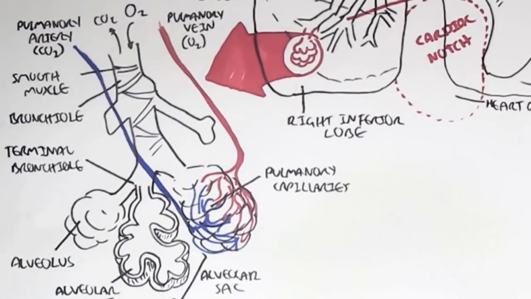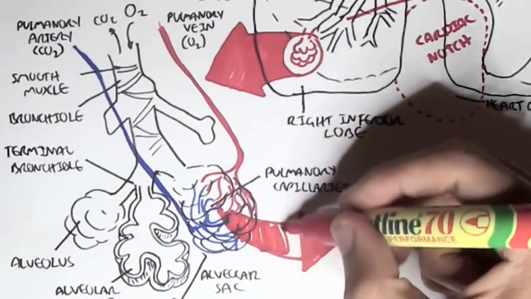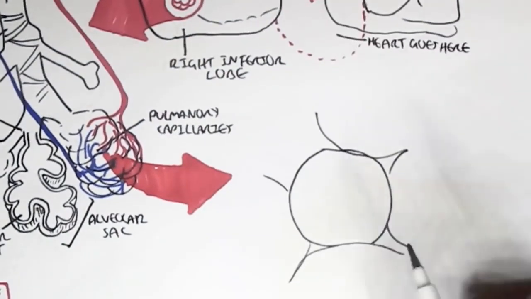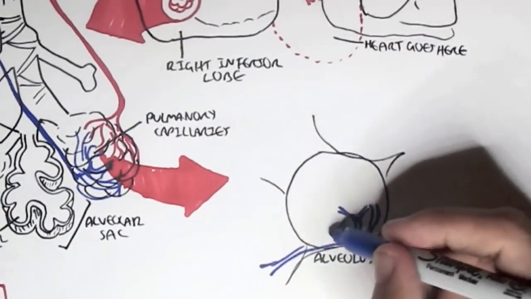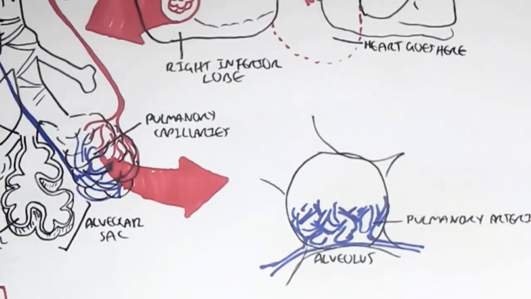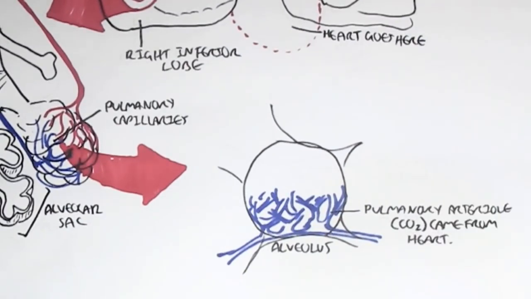So let's go back to this pulmonary artery, pulmonary vein, and look at it again. So remember, one of these balls is an alveolus. We have an alveolus. Now we have the pulmonary artery coming from the heart with deoxygenated blood, with carbon dioxide, and it branches into small pulmonary arterioles and then capillaries, where it will give carbon dioxide to the alveolus.